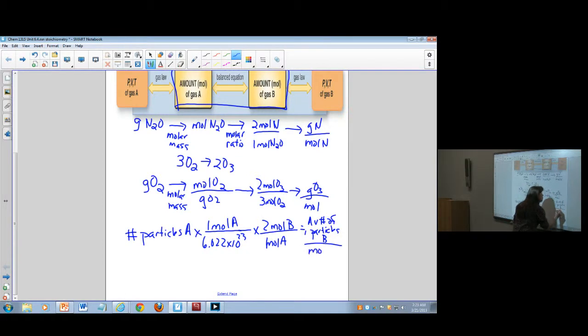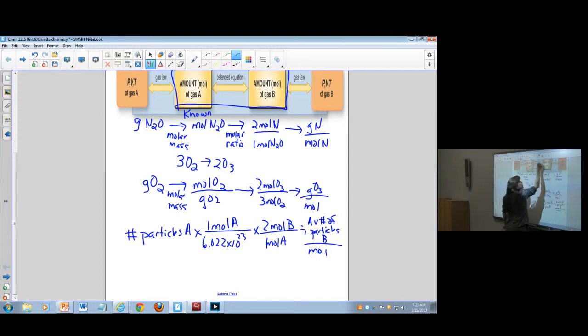All right, so we've done all these before. Now we have one more little twist here. Now we're going to take information we know about gases using the ideal gas law, and we're going to convert that to moles of whatever we're talking about. This is our known.